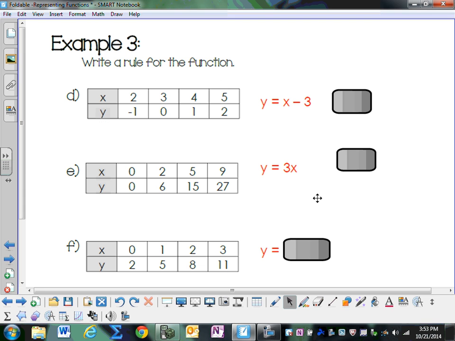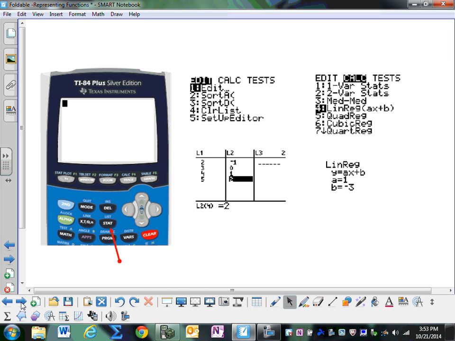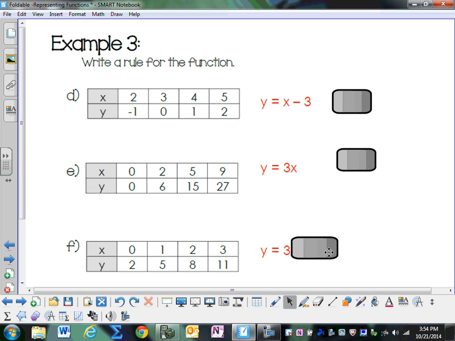So y equals 3x, and you probably could have figured that out by just looking at it. Go ahead and do F. Y equals 3x plus 2.